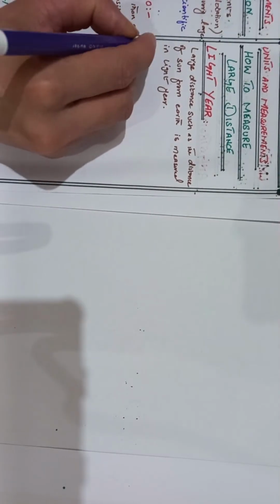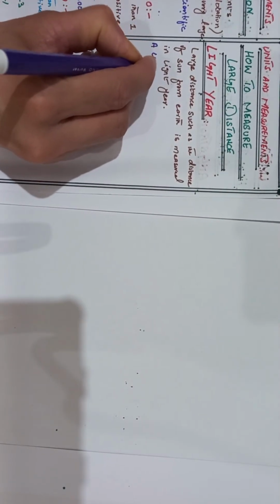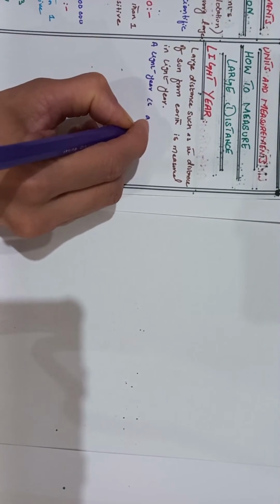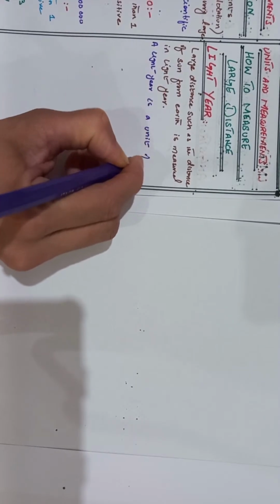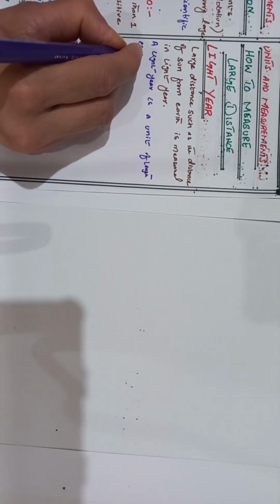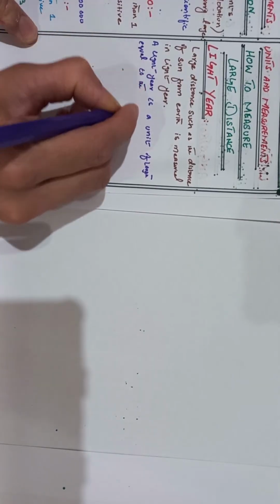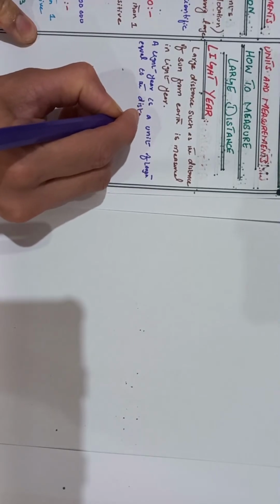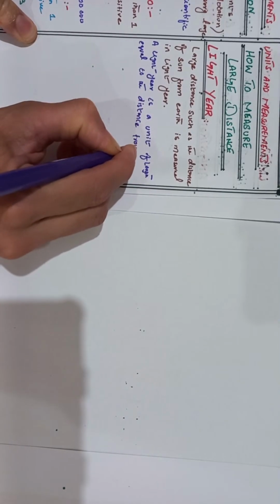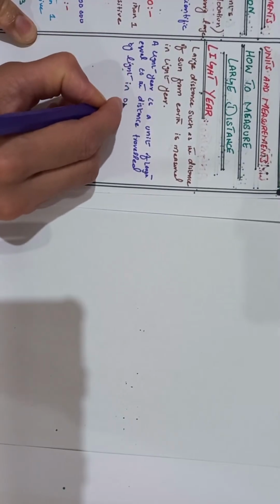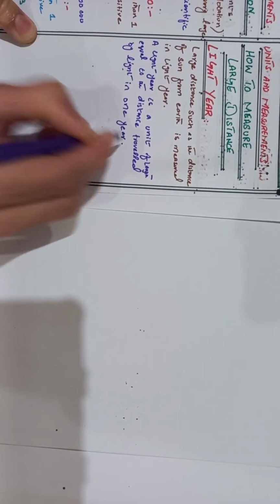So here we write, a light year is a unit of length equal to the distance traveled by light in 1 year.